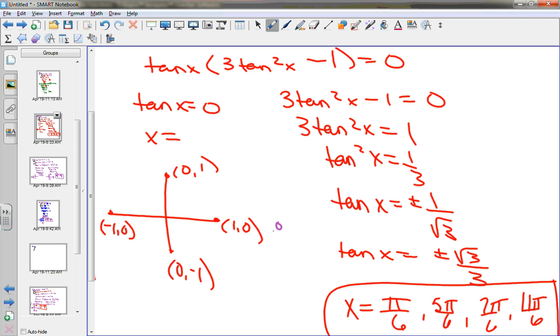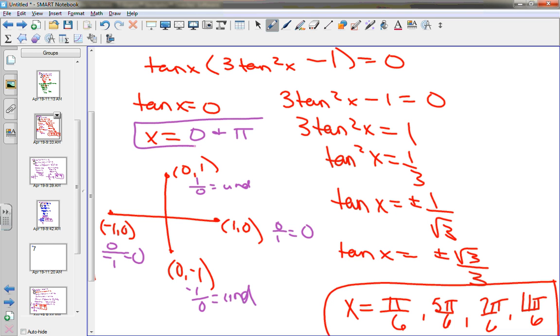So that's going to be 0 over 1, which is 0, 0 over negative 1, which is 0, 1 over 0, which is undefined, and then negative 1 over 0, which is also undefined. So what are my coordinates that have a tangent of 0? 0 and pi. Do we understand those 6 answers there, yay or nay?